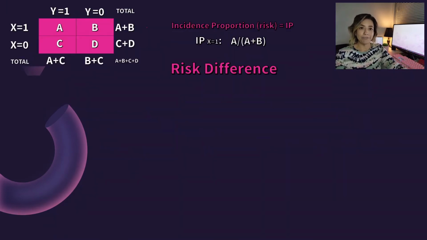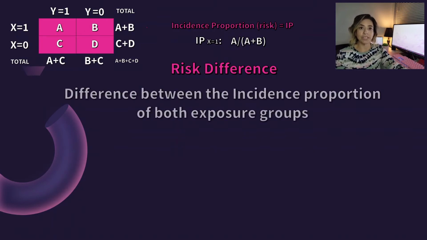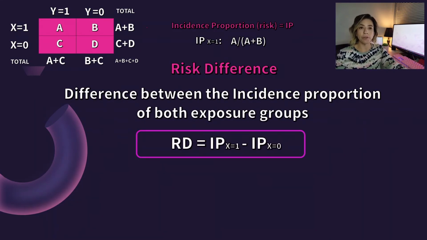Now, risk difference, as the name says, is the difference in risk between both groups, the exposed and the non-exposed. So our formula looks something like this. The risk difference would be the incidence proportion in the exposed group minus the incidence proportion in the non-exposed group.